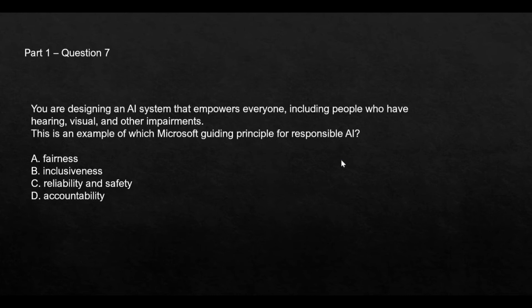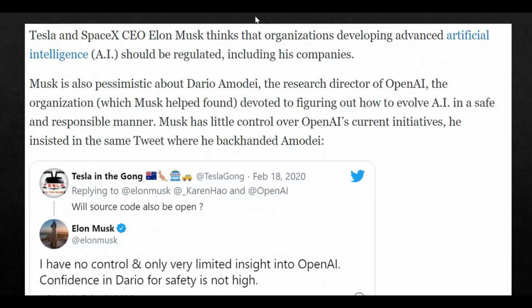You must have seen this tweet from Elon Musk, where he is asking that government organizations should develop auditing or regulation capabilities for AI related companies, which includes his own company, OpenAI. And he himself was not very optimistic. He was pessimistic about Dario Amodei, the research director of OpenAI.